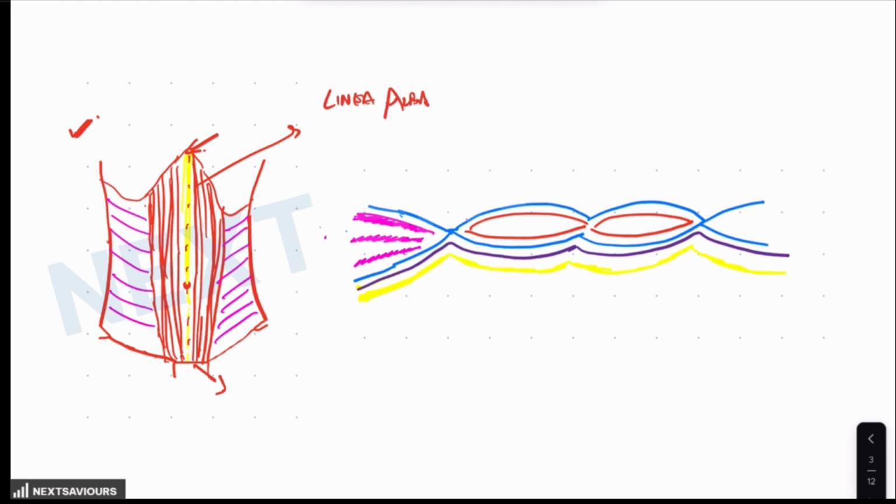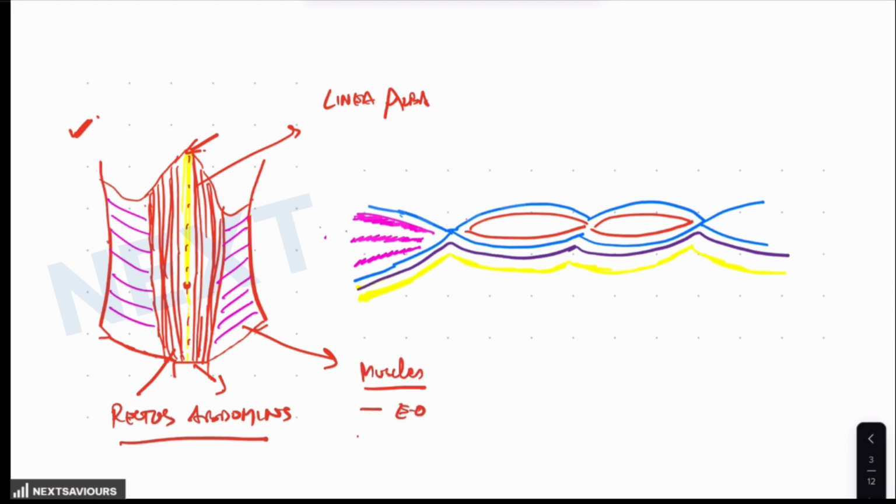On both sides of the linea alba, we have two muscles called rectus abdominis. This forms the medial most compartment of the abdominal wall musculature. On the lateral aspect, we have muscles, that is external oblique, followed by internal oblique, and followed by transversus abdominis.